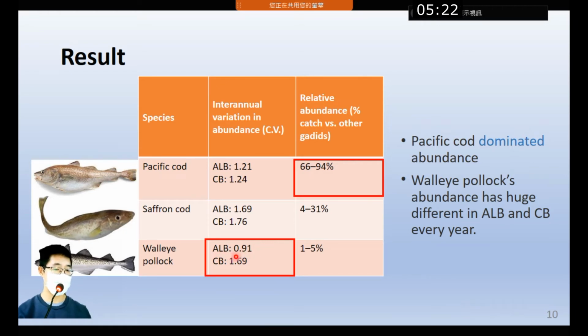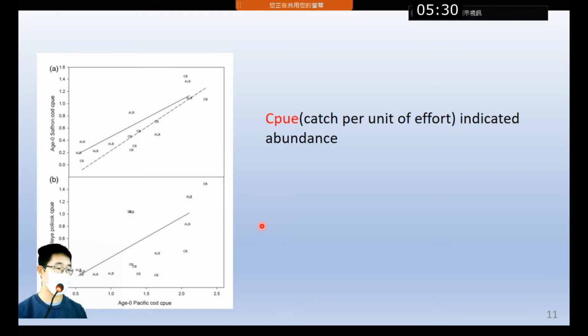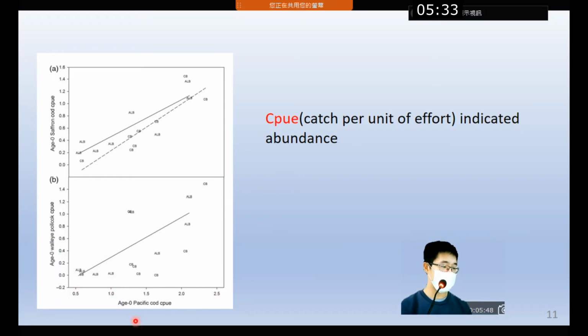Like this one, ALB is 0.91 and CB is 1.669. And in this figure, the x-axis is H0 Pacific cod CPUE, and the y-axis is the H0 walleye pollock CPUE, and the H0 saffron cod CPUE.